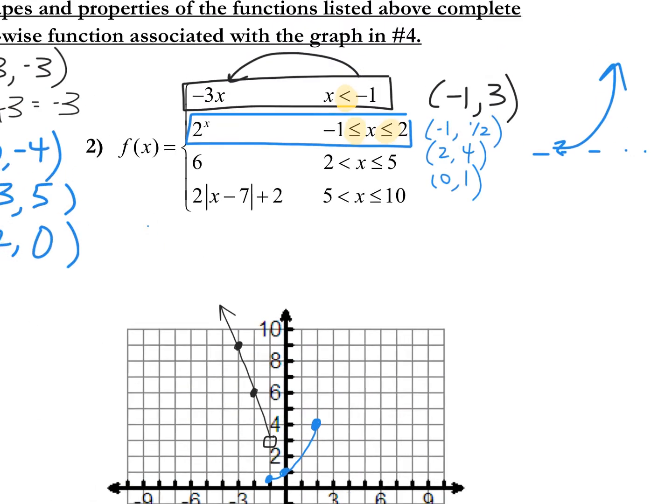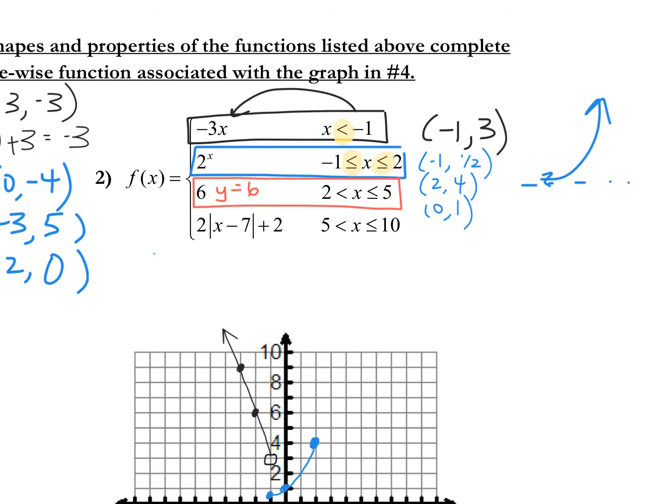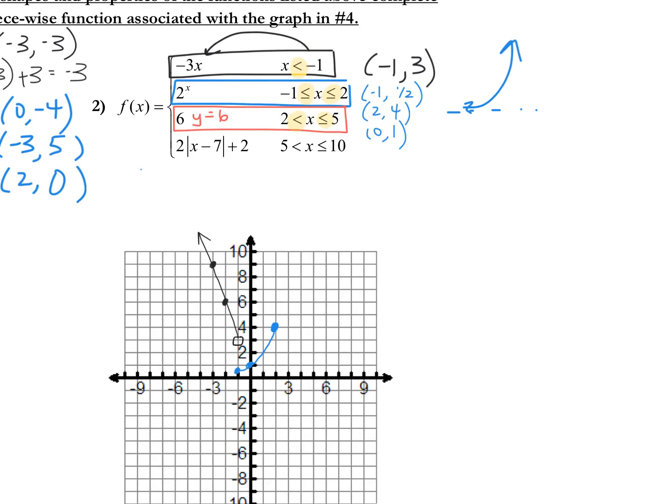Okay, another one I have is this one. So again, this is a horizontal line, y equals 6, and it's only between 2 and 5. And so just be really careful here on the open circle, closed circle. I'm putting an open circle at x equals 2 and a closed circle at x equals 5. And it's just a horizontal line, y equals 6, starting at 2 and ending at 5.